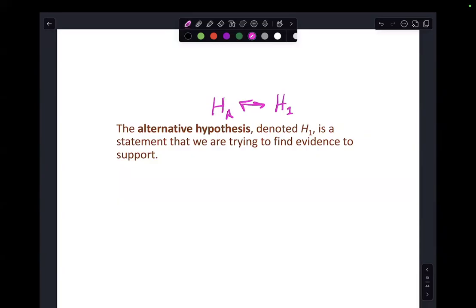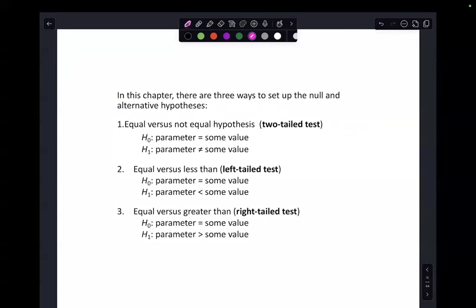I don't remember. Okay. So we have 3 different ways that we set up our hypothesis test.